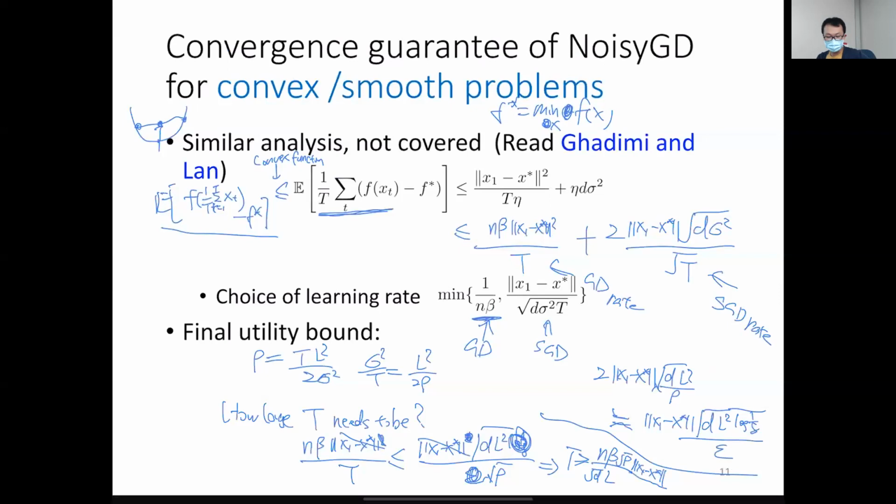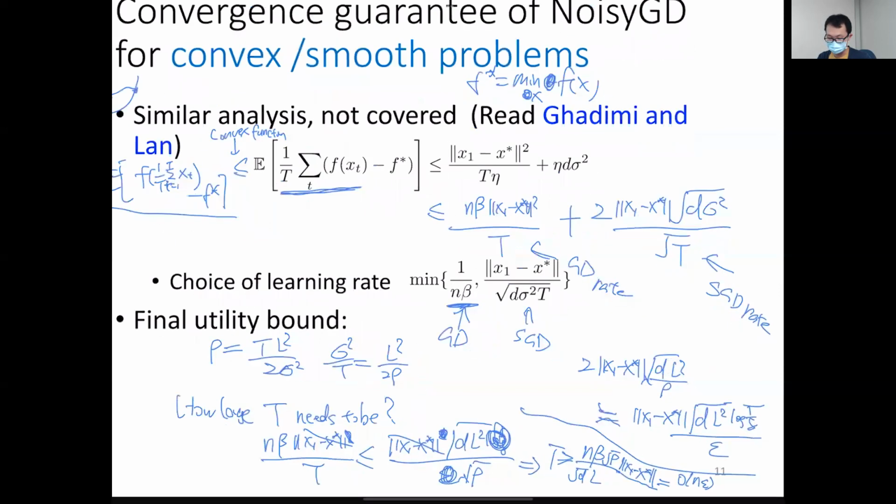Okay, so t needs to have at least this many iterations, and if we simplify it even further, and use the fact that rho is proportional to epsilon square, this is something on the order of n times epsilon, right? So we need this many iterations in order for the algorithm to give us the right utility bound as specified here.